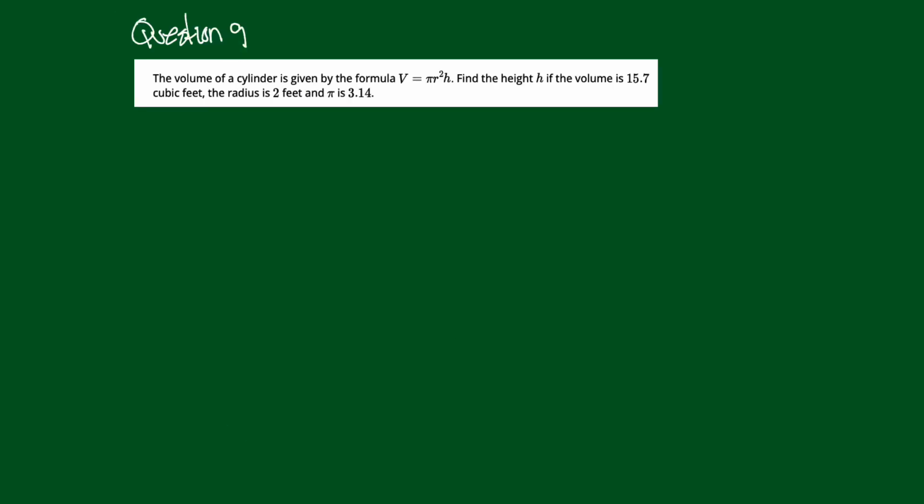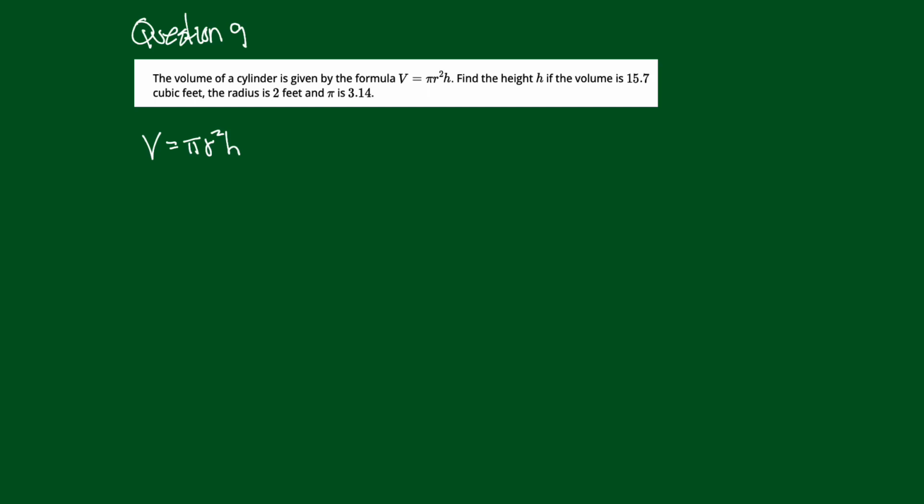Now question number 9 is another volume of a cylinder problem, but this time we're going to approximate pi as 3.14 instead of 22 over 7. So again, the volume of a cylinder is V equals pi r squared h.